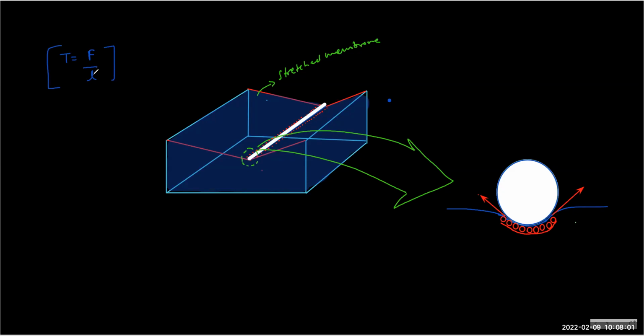So we wanted to define a property of the surface, and properties are independent of dimension. Therefore, when you divide the force by length, what you get is a property, and this property we call surface tension.